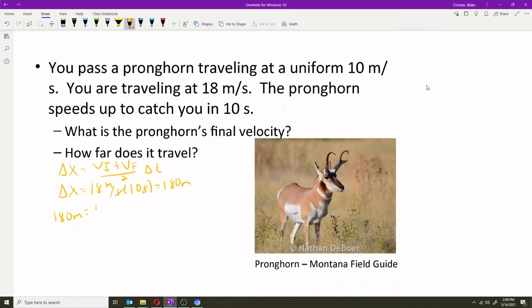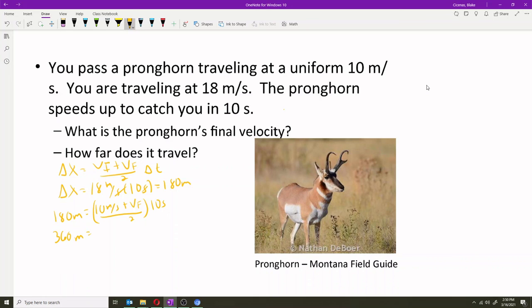180 meters equals its initial velocity of 10 meters a second, plus its final, which we don't know, divided by 2, all times 10 seconds. All right, so let's multiply both sides by 2. That's going to give me 360 meters, and distribute the 10.